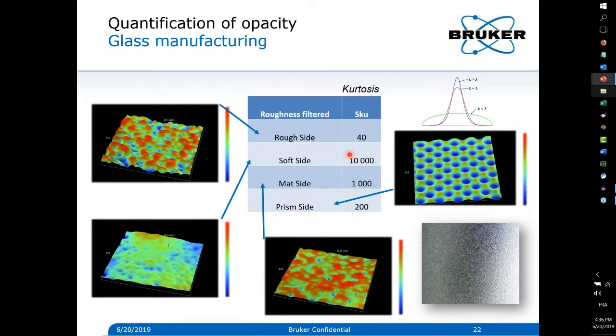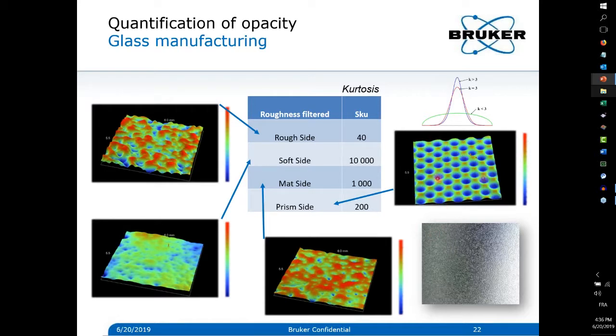To continue with more optical surfaces, we can quantify with the kurtosis parameter how opaque a glass is. So glass from windows, we want them to be either fully transparent, or slightly opaque, or just transmitting light but not transmitting details, such that you have a bit of privacy.